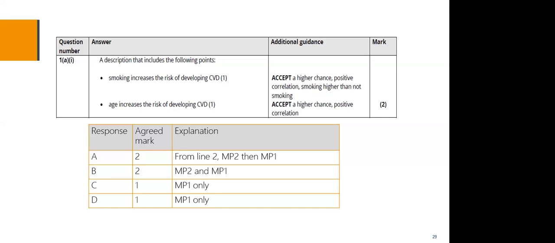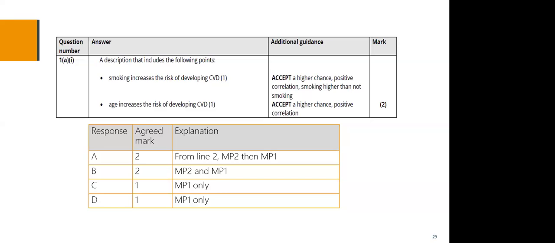Response B also got 2 marks. Response C gets 1 mark because it only says that smokers have a higher risk of developing CVD than non-smokers. It makes some comment about the effects of age, but it doesn't actually explain them.